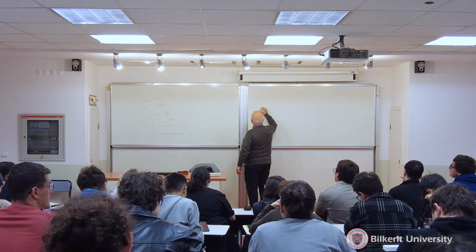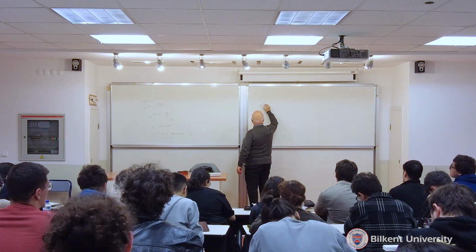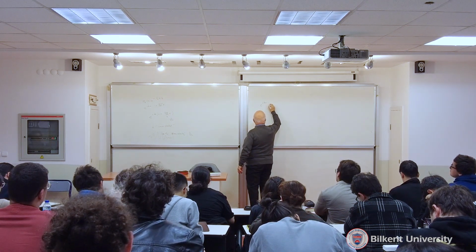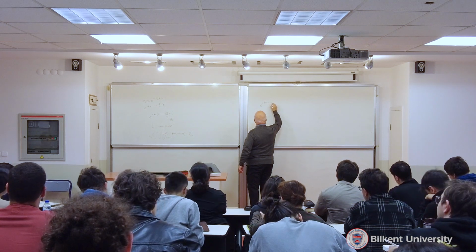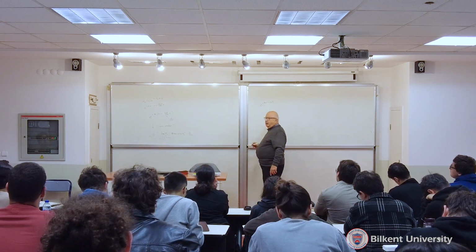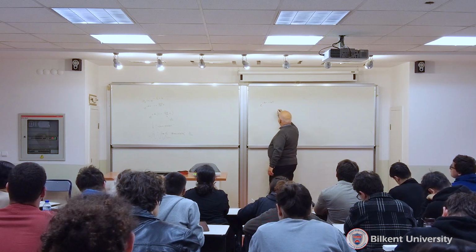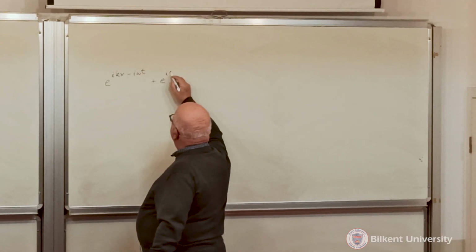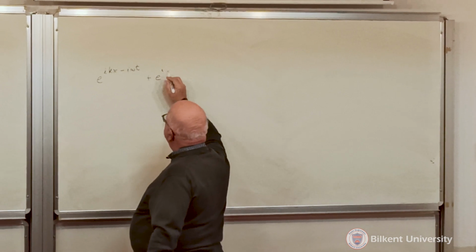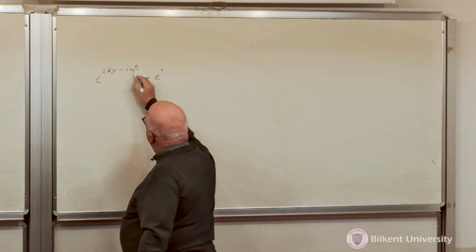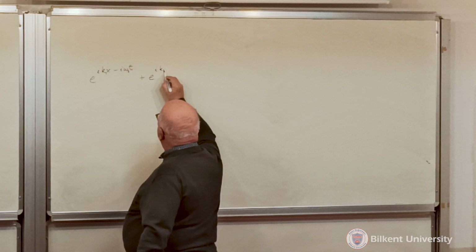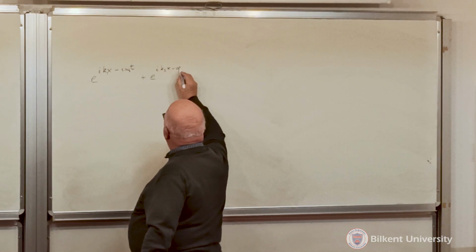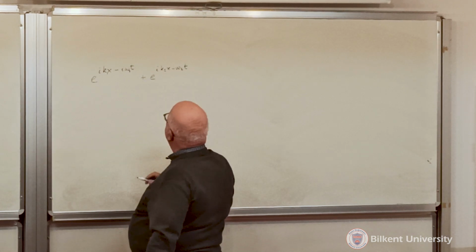So if I have one wave, for example, which goes like e^(ikx - iωt), and in addition to that, a second wave, let me call this one k1, omega 1, and k2 x minus omega 2 t.